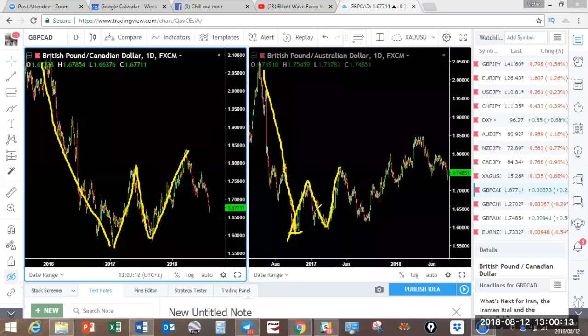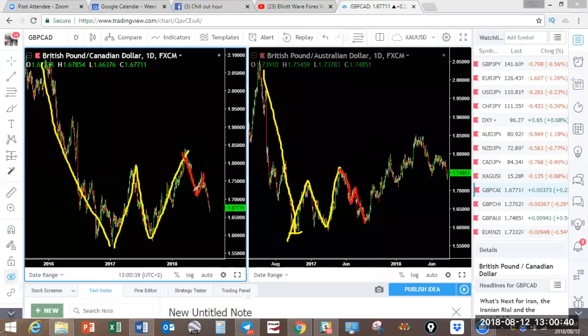You're having this three-wave structure on pound CAD now, but on pound AUD, that three-wave structure has played out in 2017 already. So that is why we were able to trade pound CAD coming down, because what pound AUD did in 2017 was a three-wave move to the downside like that. Simple.